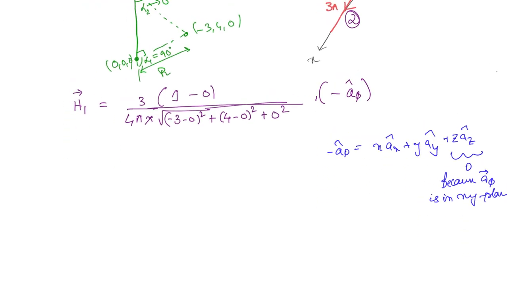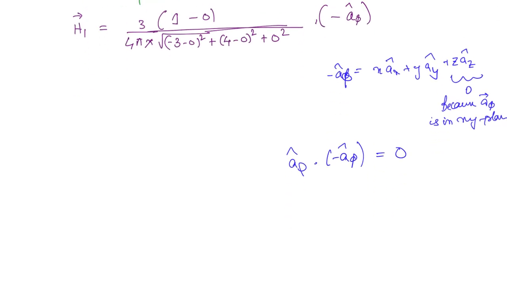From here, a rho dot minus a phi is equal to 0, the dot product, because they are perpendicular. So we know the radial vector. Once we know the position of the point, which is (-3, 4, 0), what is the position vector to this point?